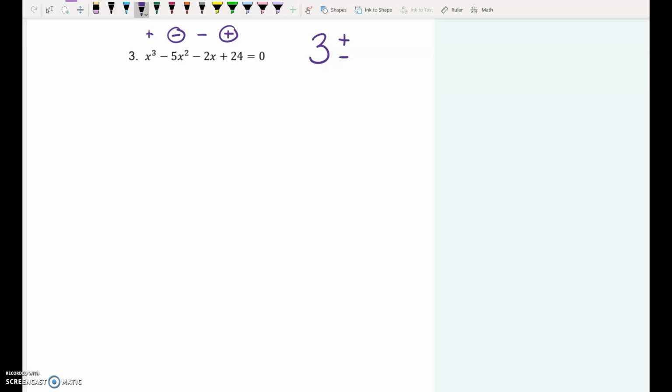Does that kind of make sense? The 3 comes from the degree. And then this comes from the number of sign changes. Okay. If there are 2 positive solutions, that means there's 1 negative solution. So I am going to test my negatives because I know that there's a negative solution.